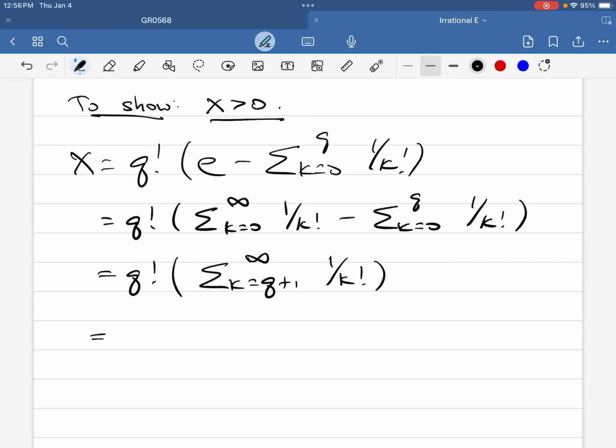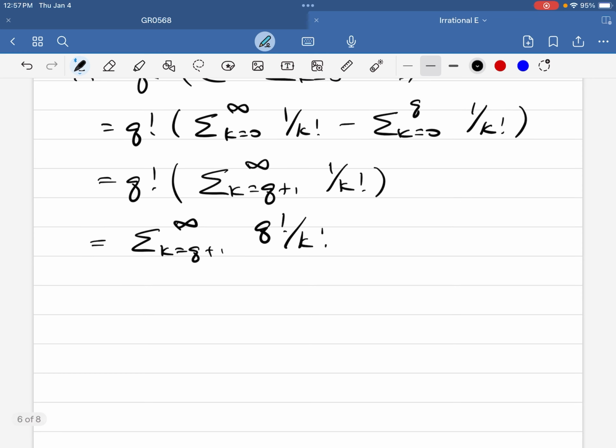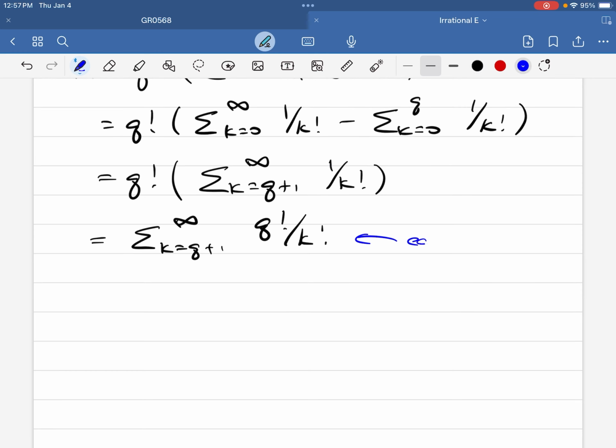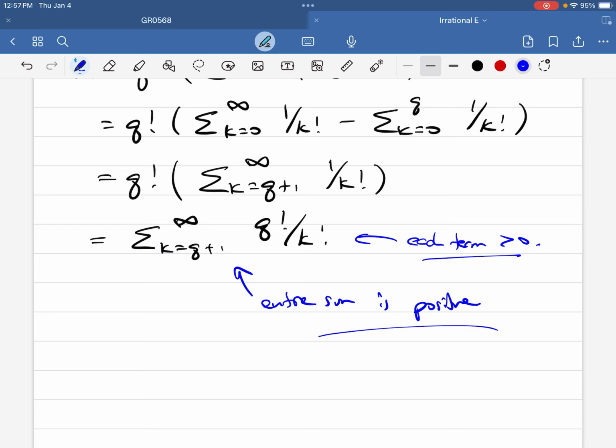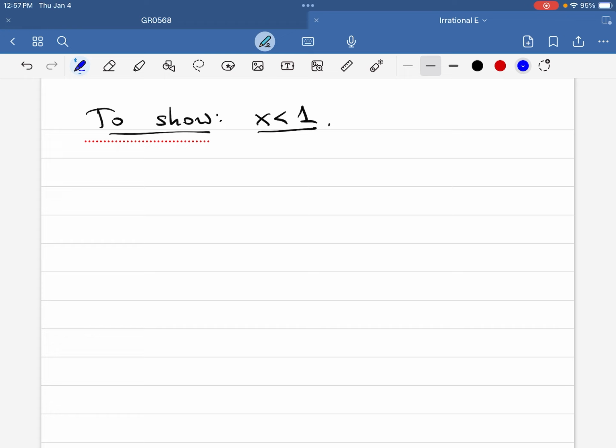And then finally distribute the q factorial across. And you see what we have here is a sum. Each term is positive, therefore the entire sum is positive. And we're done.